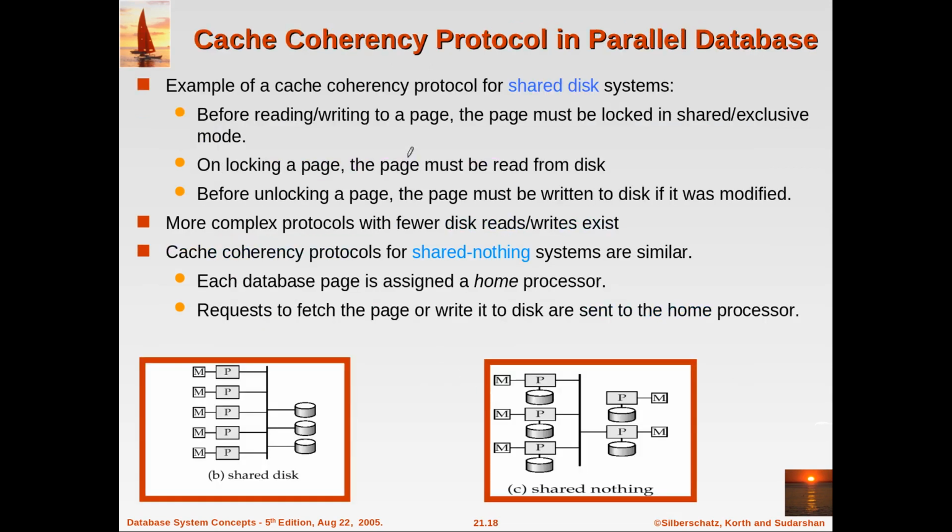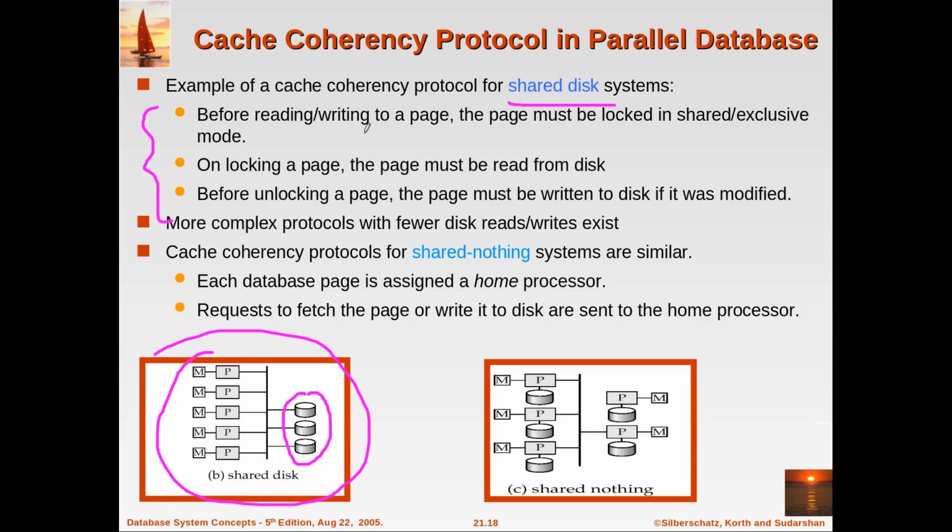Now let us look into how we can maintain cache coherency within parallel databases. Here you see the basic cache coherency protocol that is used with shared disk architectures. This is the shared disk architecture where each processor has its own local memory and they are sharing the common disk.